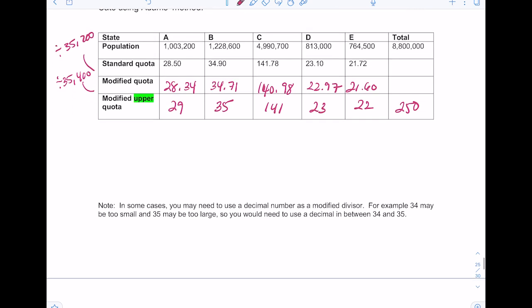Okay. So in some cases, you may need to use a decimal number as the modified divisor. For example, if you have a divisor of 34, that might be too small, and 35 might be too large, so you may need to try 34.5 or 34.05 or something that will give you the exact number of items to be apportioned.